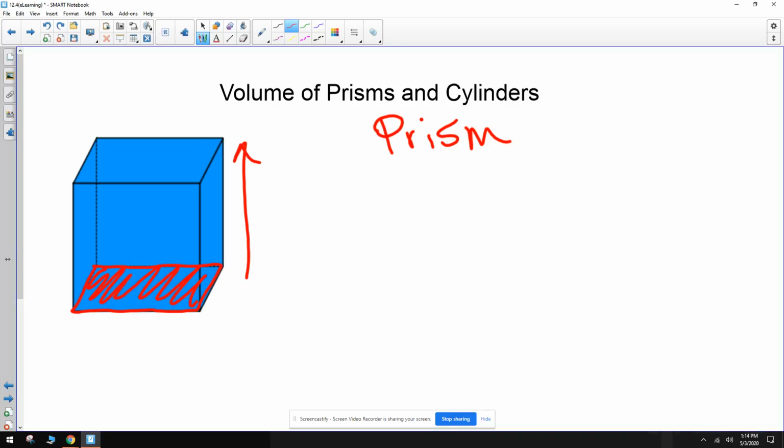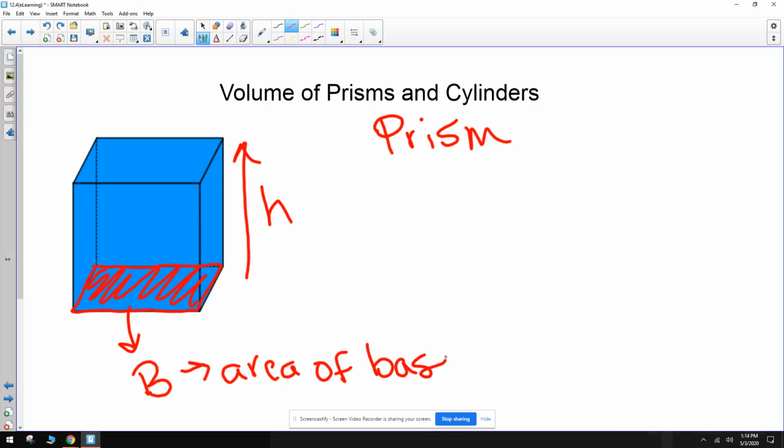So area of the base all the way up is the height. Remember, we use capital B for area of base. Now again, with prisms, what formula you use for the area of the base is going to be determined by the shape of the base. In this case, it's a rectangular prism, so I'm probably going to use just base times height.